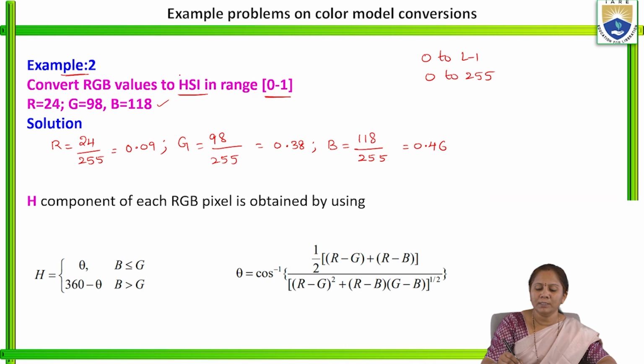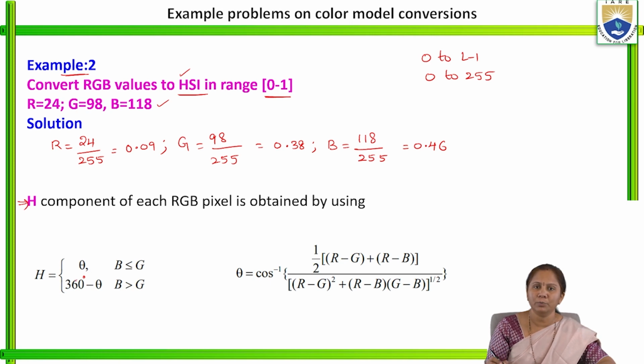So first, the H component needs to be calculated. To find the H component, the formula we have discussed in the previous session: H is equal to theta when B is less than or equal to G, and 360 degrees minus theta when B is greater than G. So H is in terms of theta.